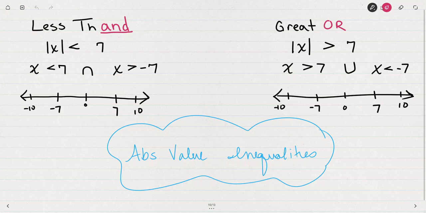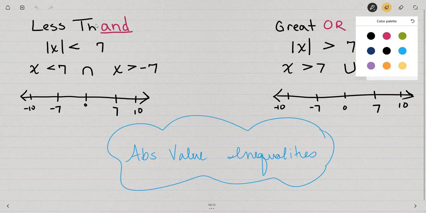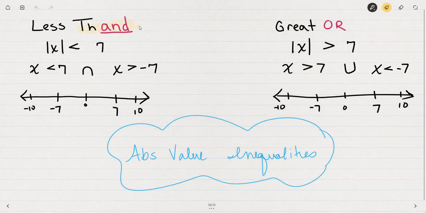When you see less than, think "and." When we have an absolute value with a less than, we're going to have an intersection.